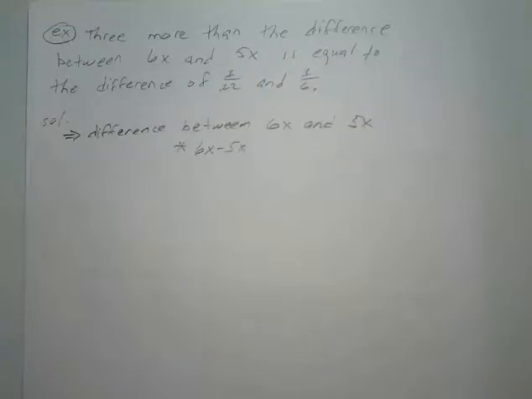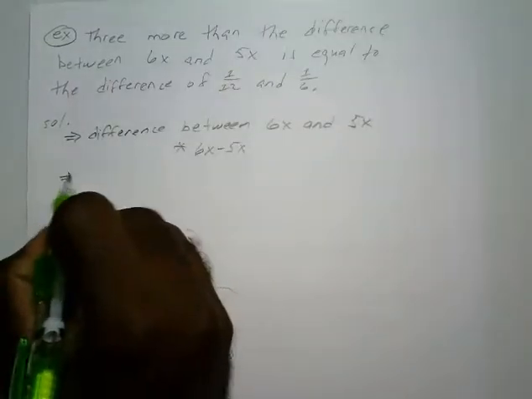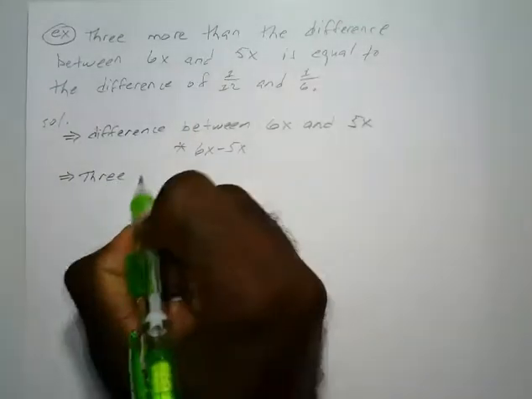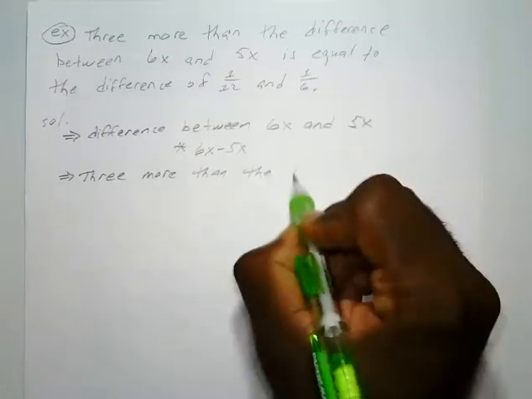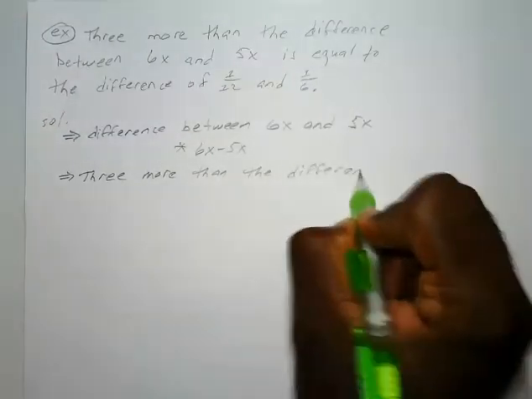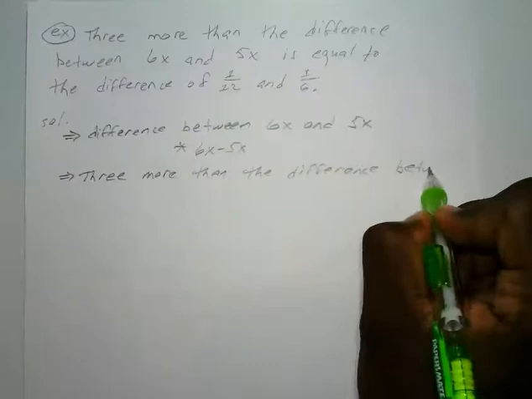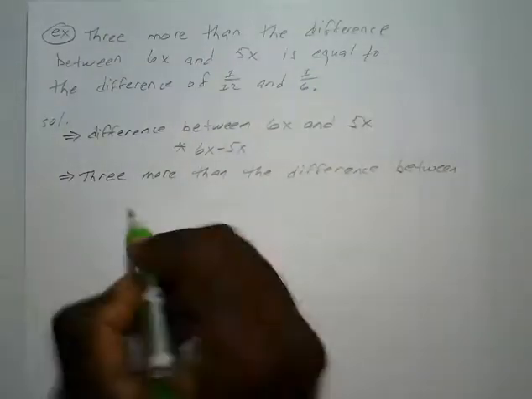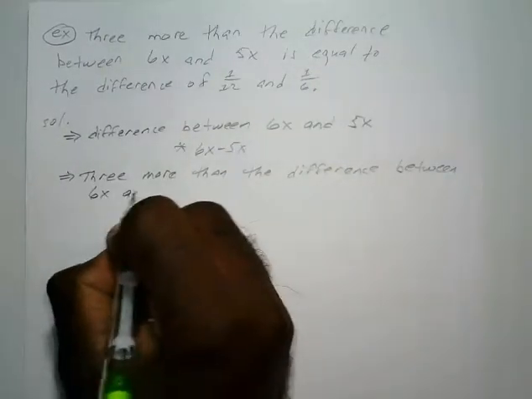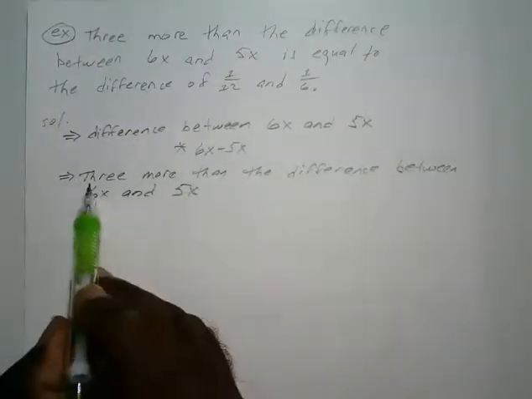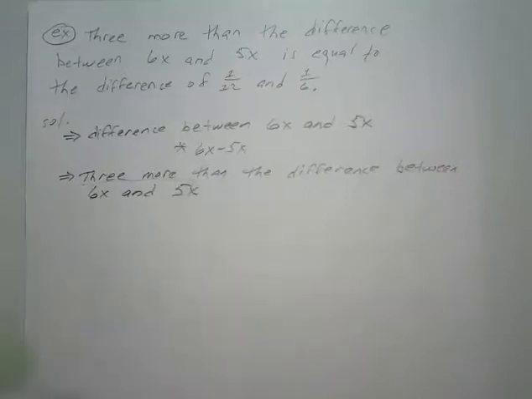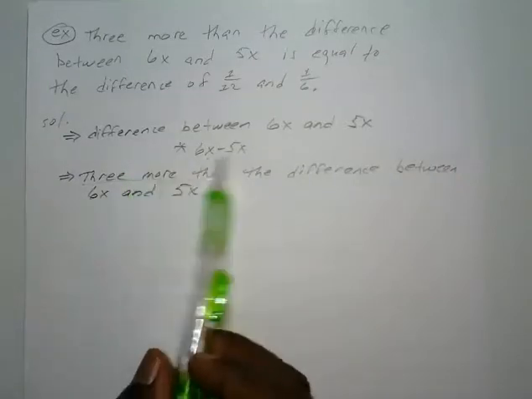Now we see 3 more than the difference between 6x and 5x. We already know the difference between 6x and 5x is this.